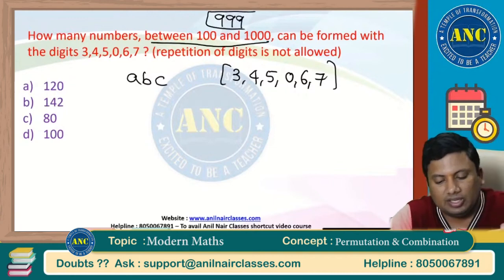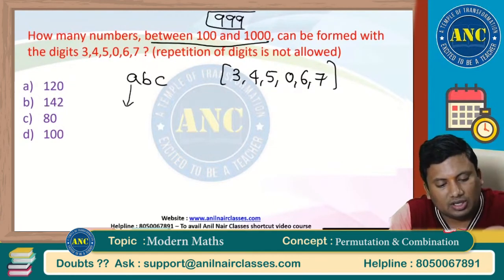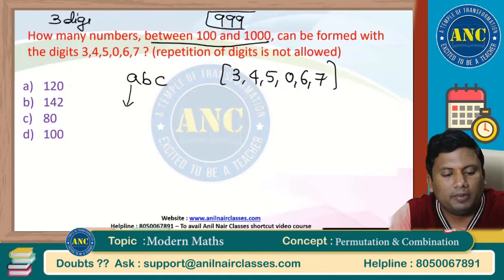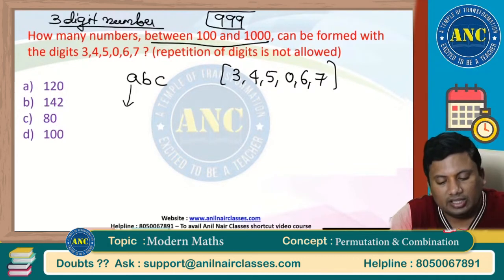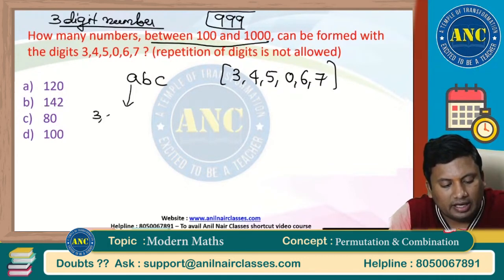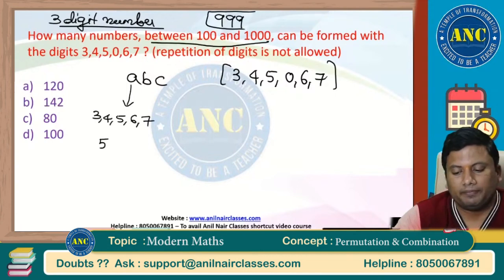So A, B, C. Repetition of the digits is not allowed. A can take 3, 4, 5, 6, 7. So total 5 numbers can come.